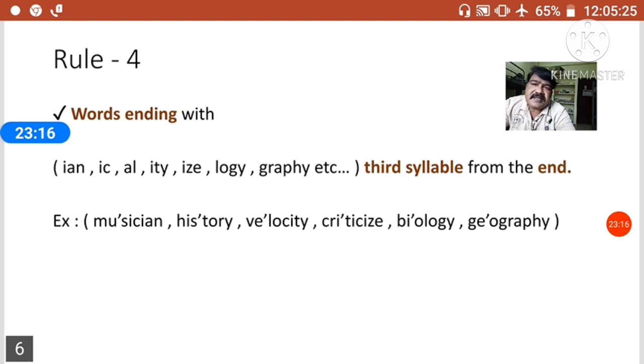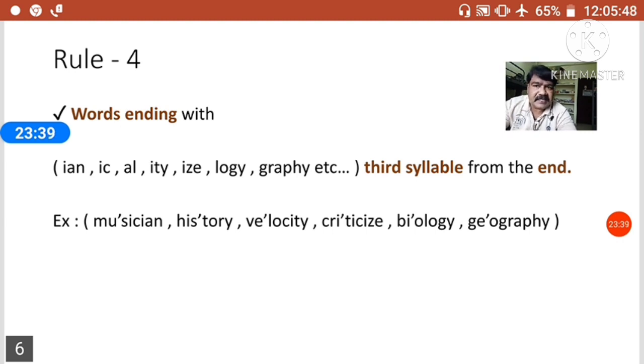Now biology. Let us take the next word. Biology. GY is the first syllable from the ending. Lo is the second syllable.